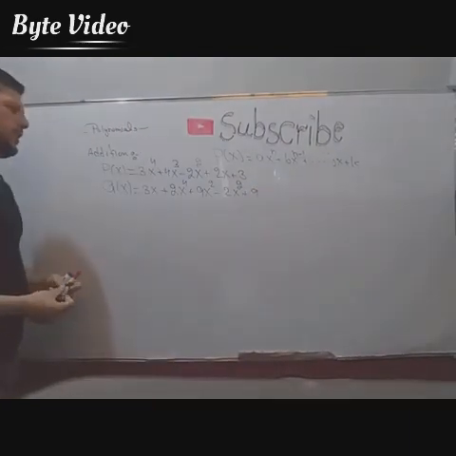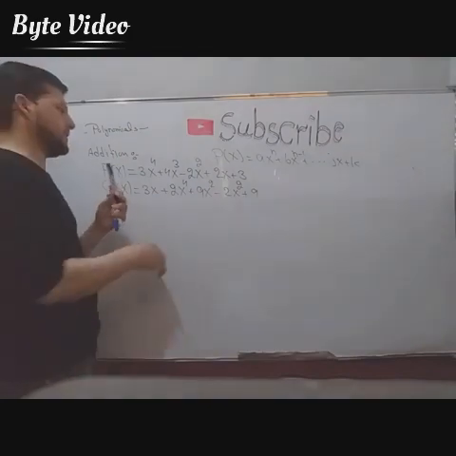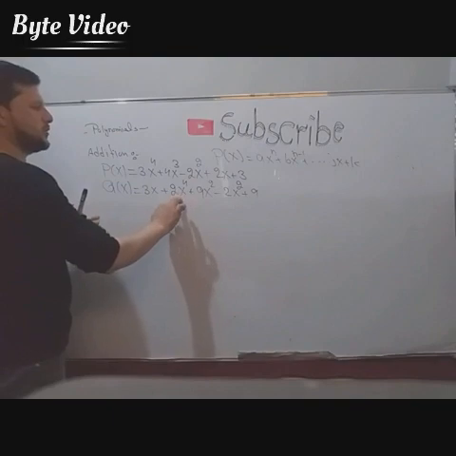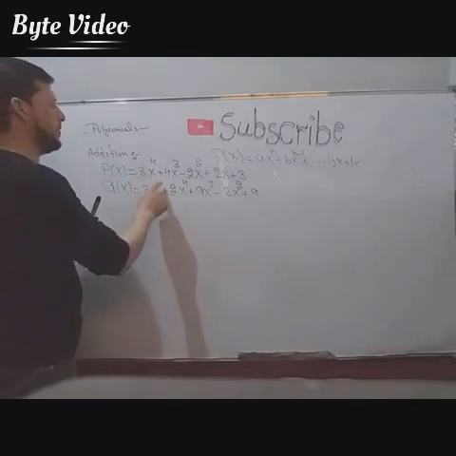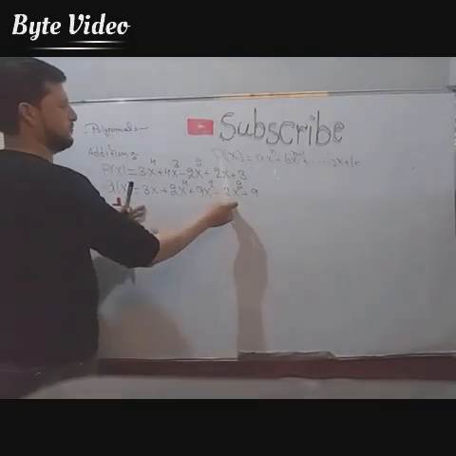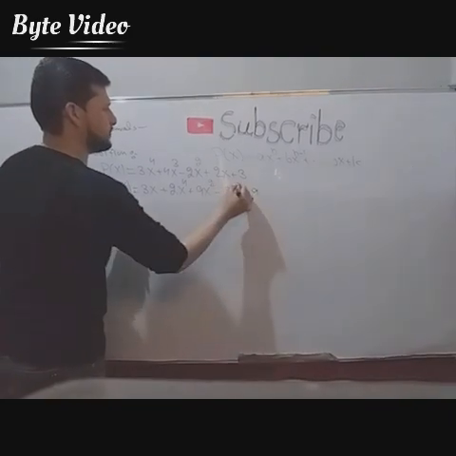This is also a polynomial. For addition and subtraction, you first have to arrange all these expressions. It means 3x squared below 2x squared, 2x to the power of 4 below 3x to the power of 4, and as well as, I don't have one here, I think it is 3.